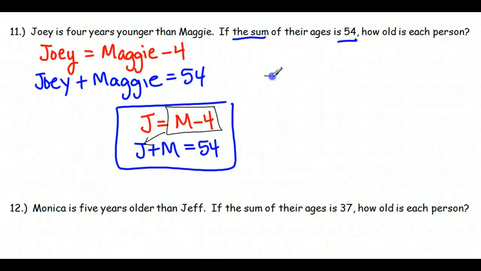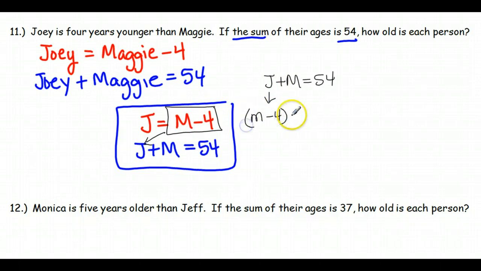So now I have my j plus m equals 54, and remember we're plugging in Joey. Joey is Maggie's age minus 4. Plus Maggie's age has to equal 54. If we simplify this, we get 2m minus 4 equals 54.